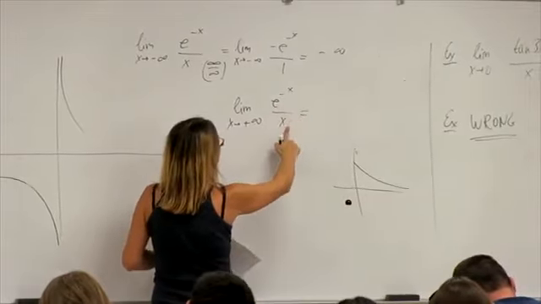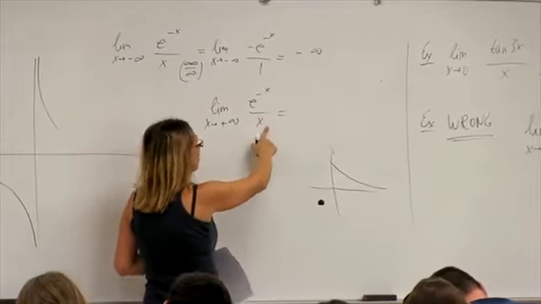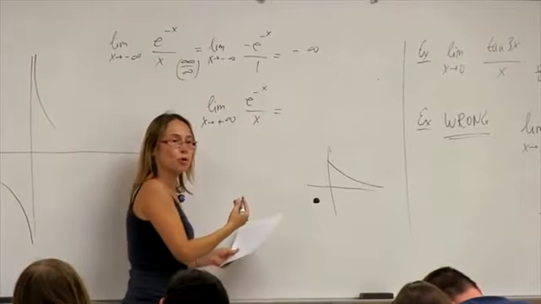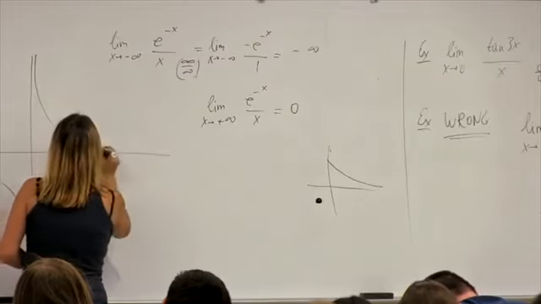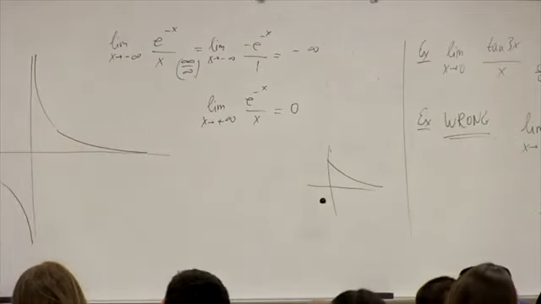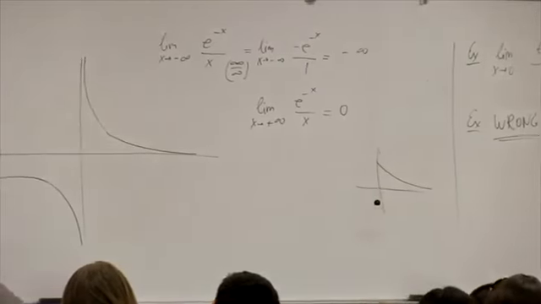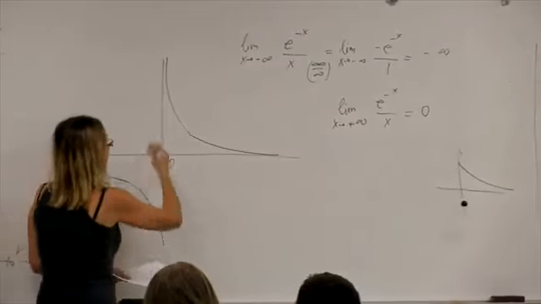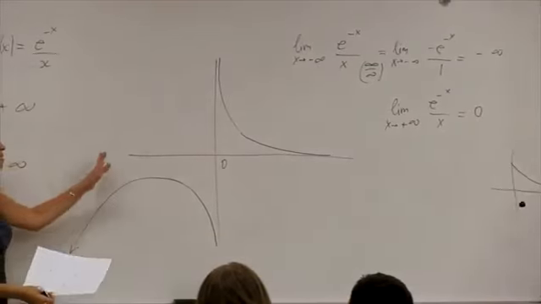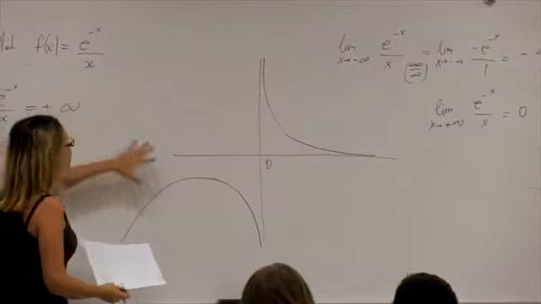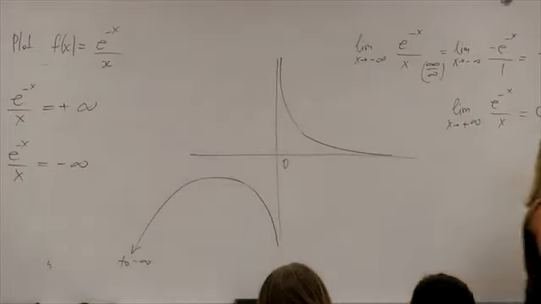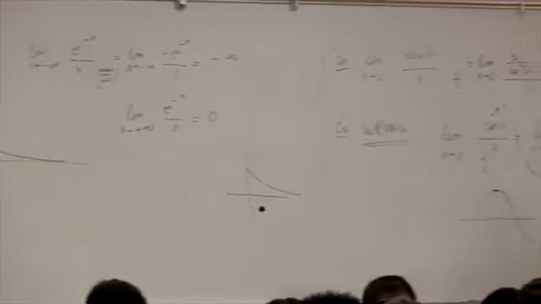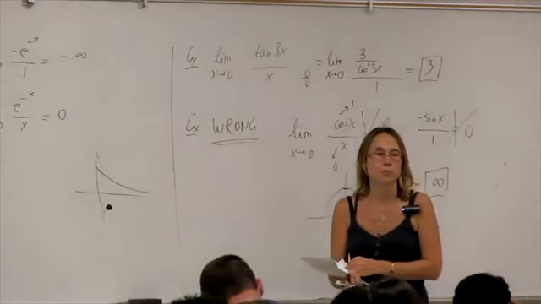So this is 0. And so we have 0 over infinity. That's not an indeterminate form. For sure, it's 0. So the horizontal asymptote of this graph is 0. Okay, so in this graph we had to take 4 limits, and only one of them actually turned out to be an indeterminate form, which required the use of L'Hopital's rule.